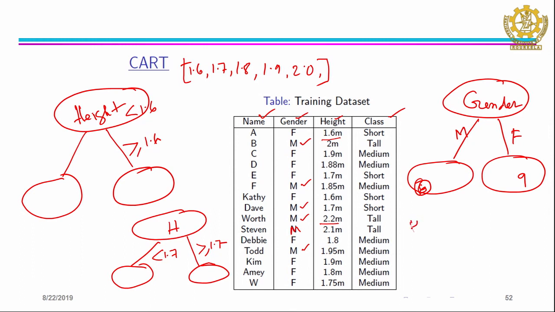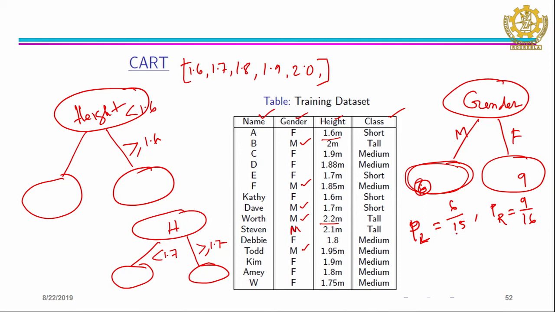So, you have to compute PL. What will be the PL? PL will be 6 by 15, and what will be the PR? It will be 9 by 15. PL is the number of objects in the left subtree divided by the total training size.